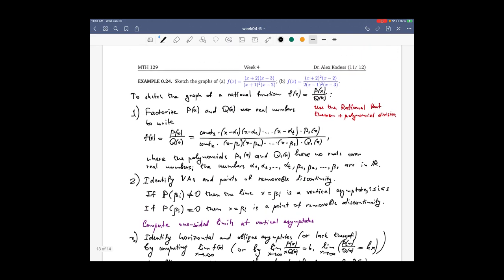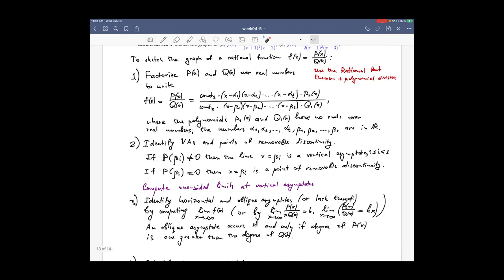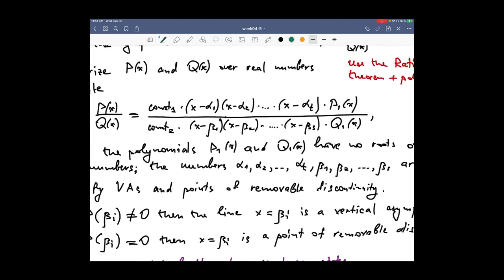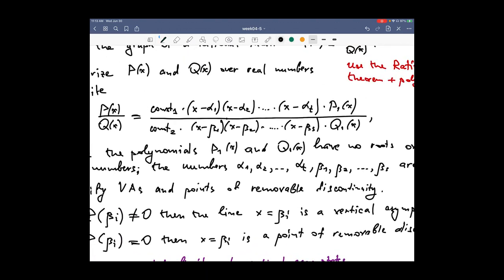Let's write our factorization in a slightly different way. If we add powers here, we can assume that all the alphas are distinct. So I can add powers here.